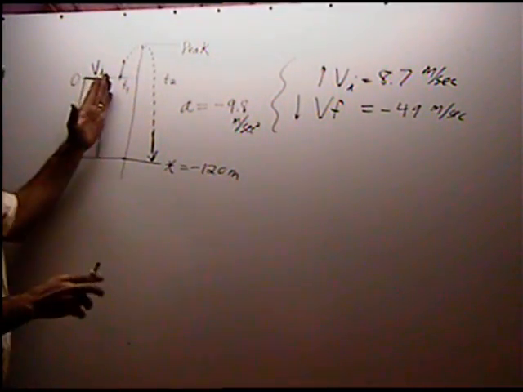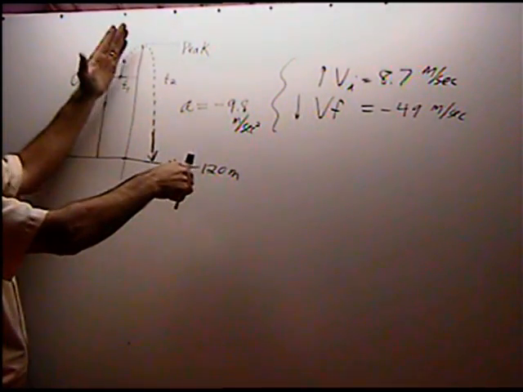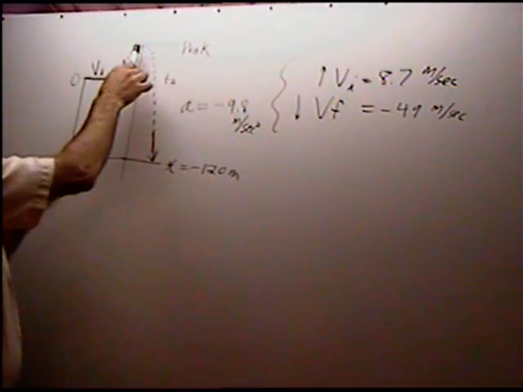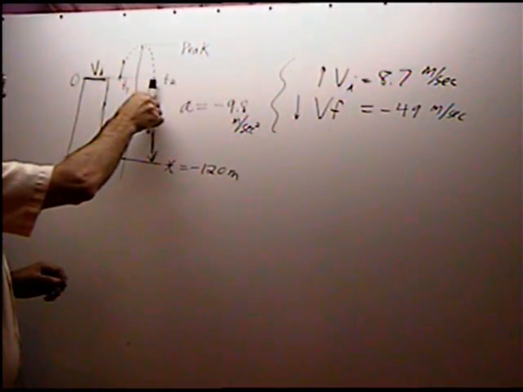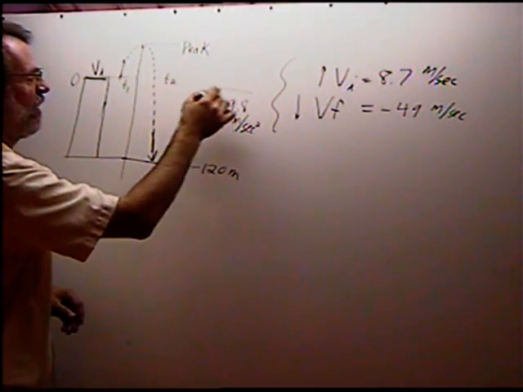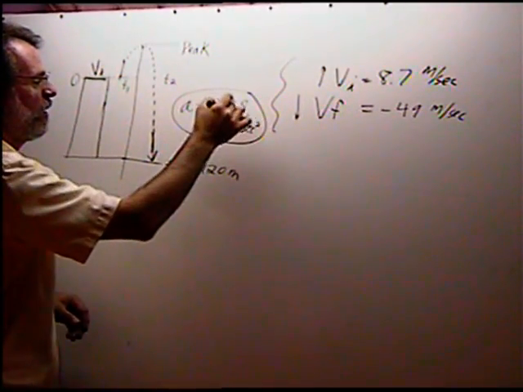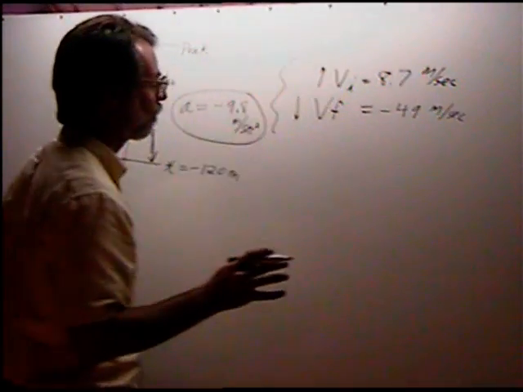Notice that when you initially launch it, the acceleration is down. And that's actually what slows it. But even when it gets to the very peak, the acceleration is down. It is always a constant minus 9.8 meters per second squared. That's very key to this problem.